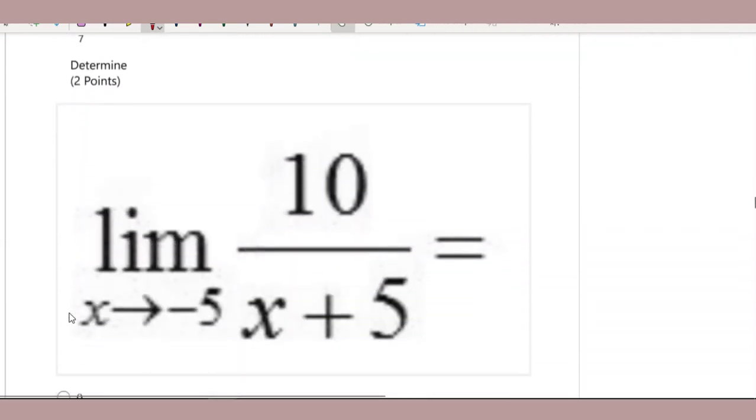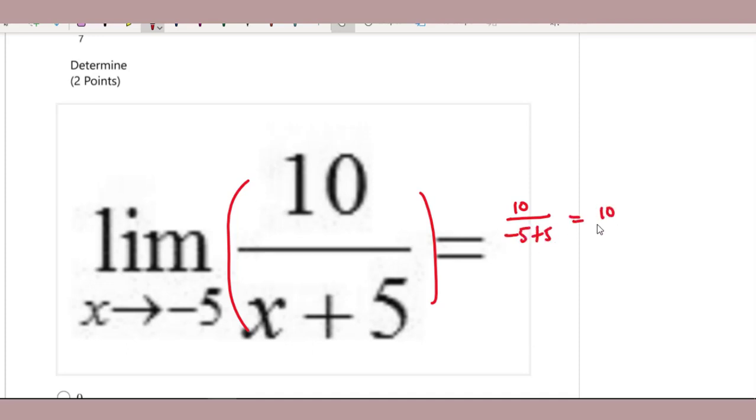Number 7, find the limit of this function as x approaches negative 5. Substitute: 10 over negative 5 plus 5 is equal to 10 over 0, infinity. We're going to check whether it tends to negative infinity or positive infinity.